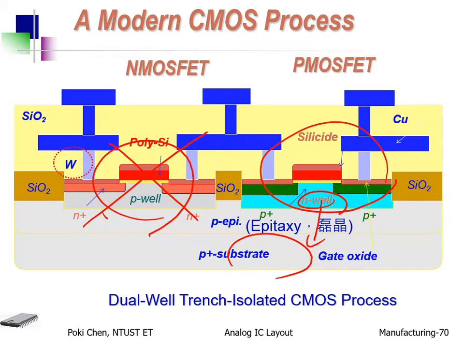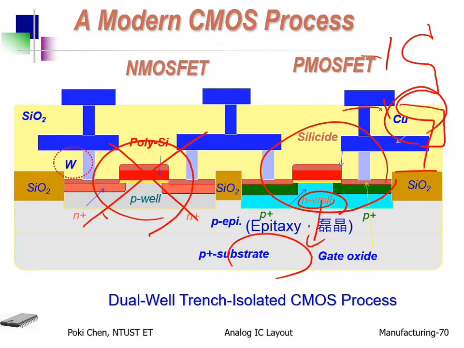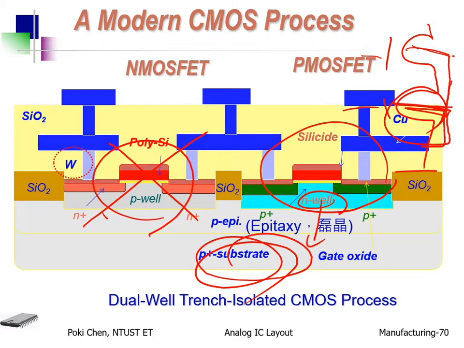So for such kind of P substrate process, for the bottom NMOS, you can connect the body to the source. And how about the one above it? Because all the bodies are P substrate, you can only connect it to the ground.